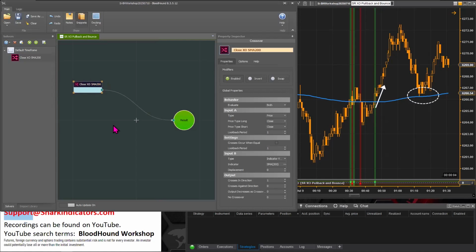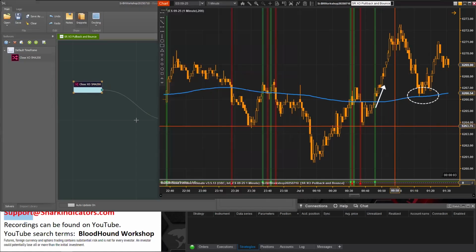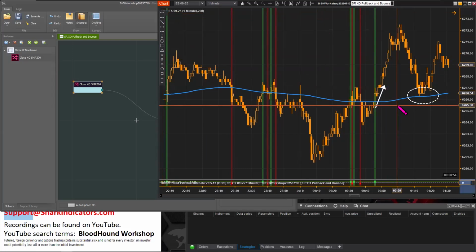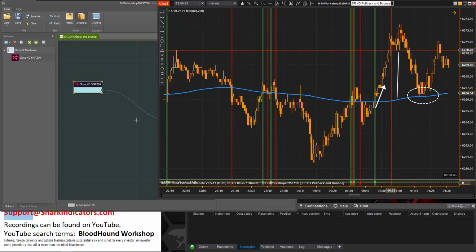So that is component number one. Component number two: I would think that most people are going to want some kind of clean movement away before the pullback.